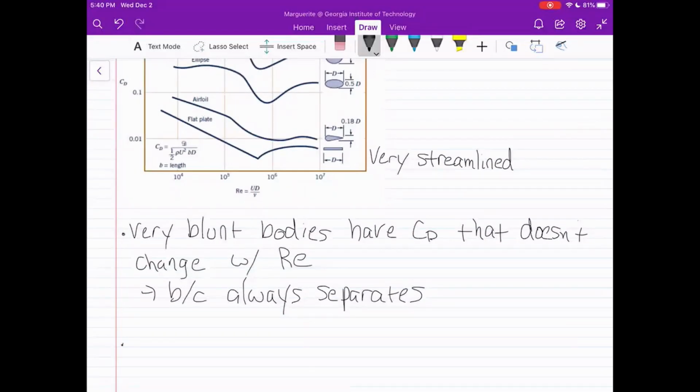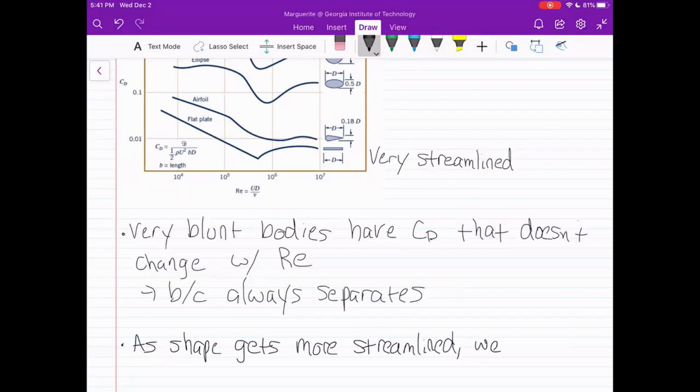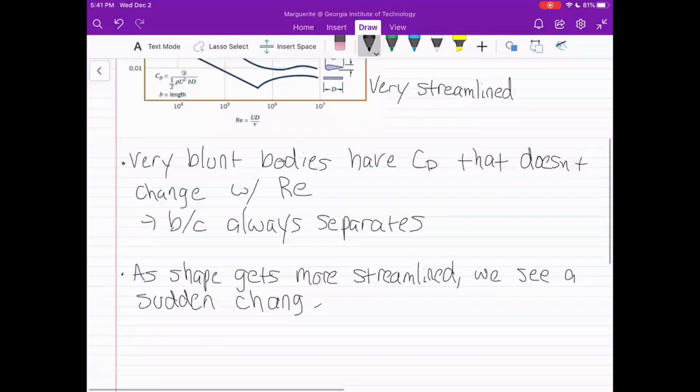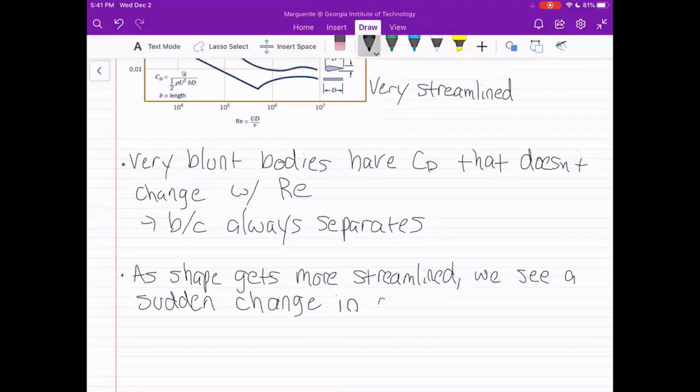So I'm just going to write down what I just said. As the shape gets more streamlined, we see a sudden change in the coefficient of drag at certain Reynolds numbers.